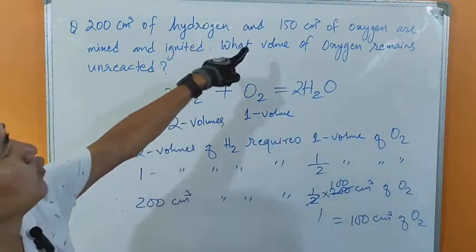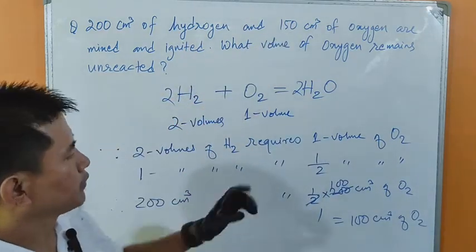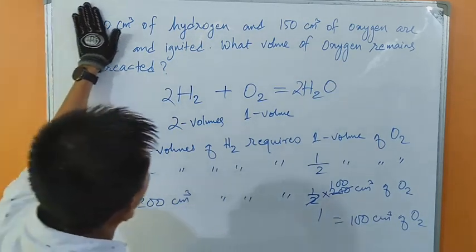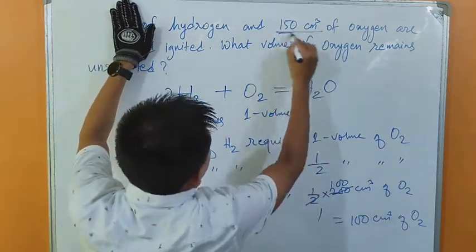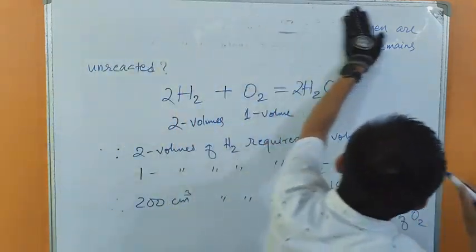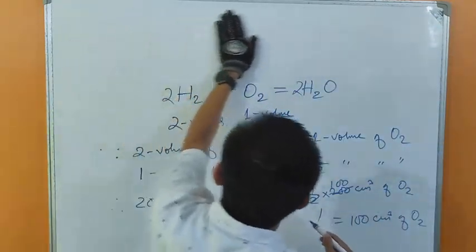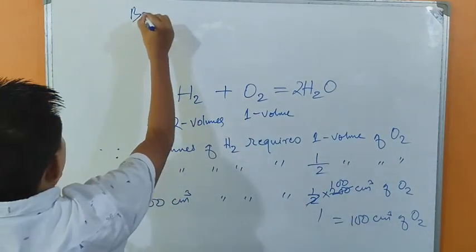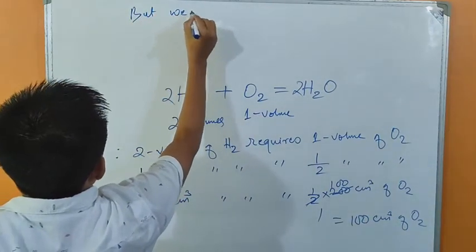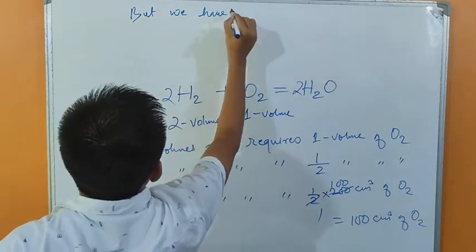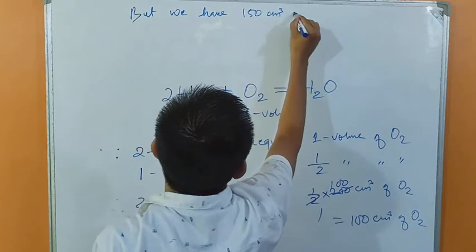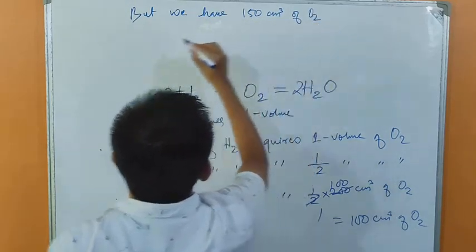But we have 150 cm cube. Please take the screenshot of this. I'm going to erase the upper part. Okay. But we have 150 cm cube of oxygen. So how much oxygen is left unreacted? We have 150 cm cube of oxygen.